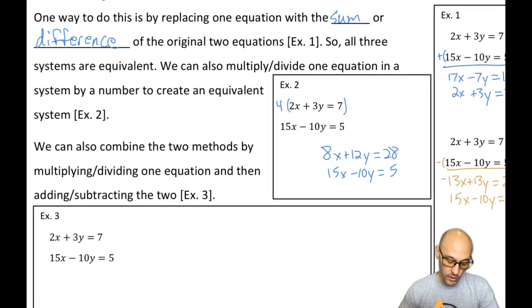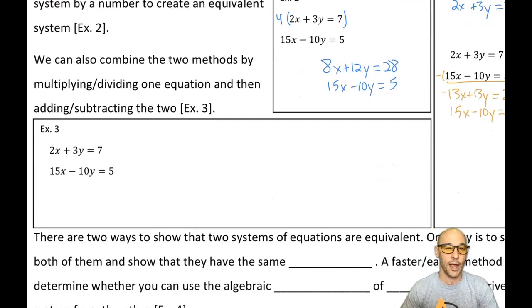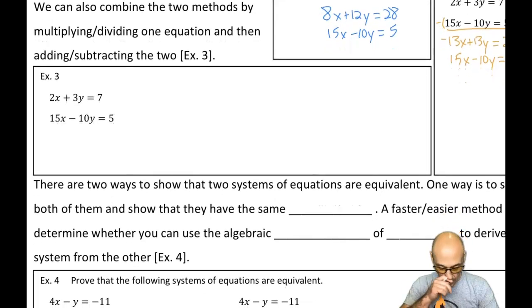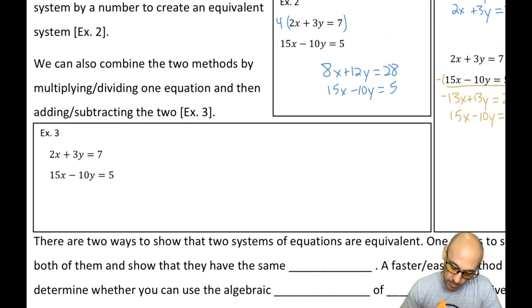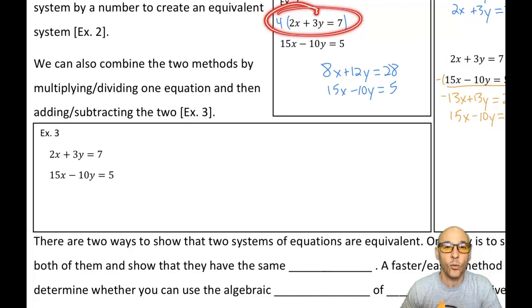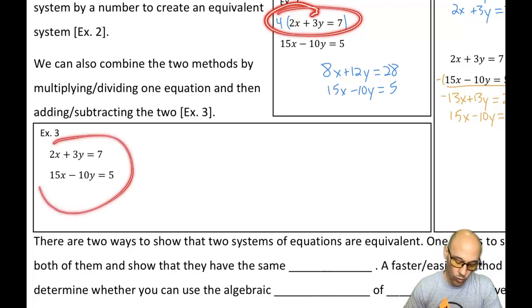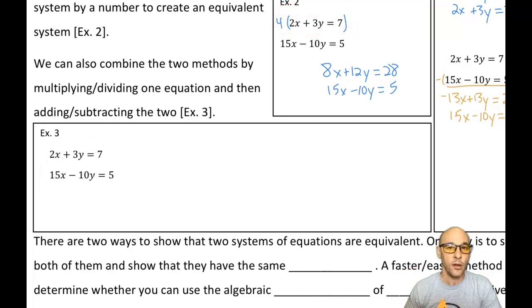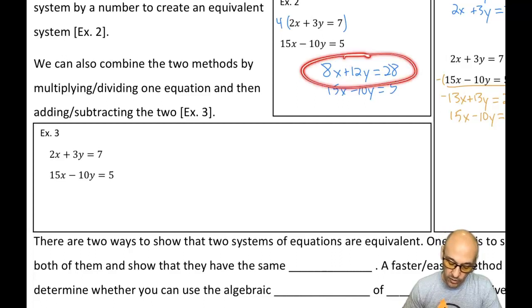All right. So we can also combine those two methods by multiplying or dividing one equation and then adding or subtracting the two. I notice that I multiplied this one right here, and again, we're working with the same original system. So this is the result of multiplying.